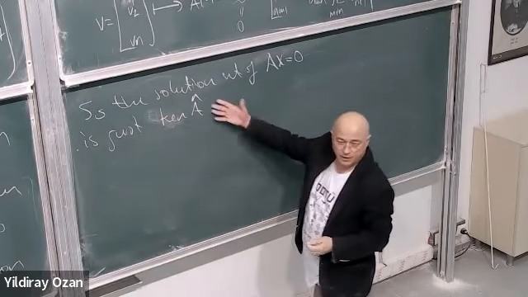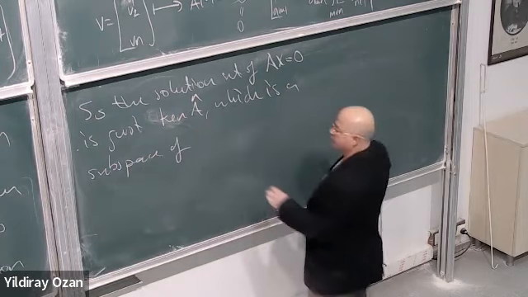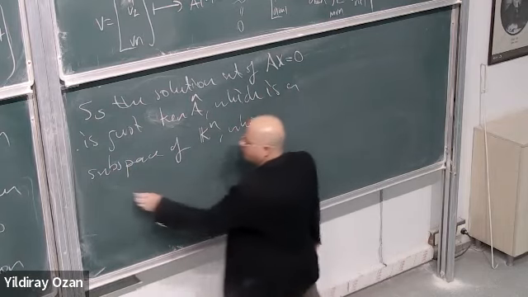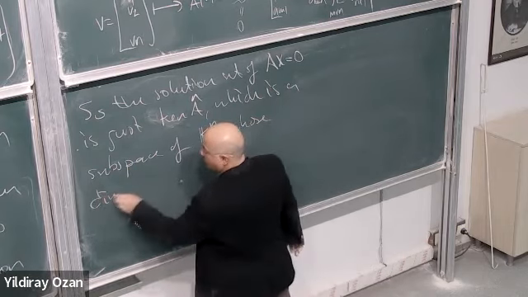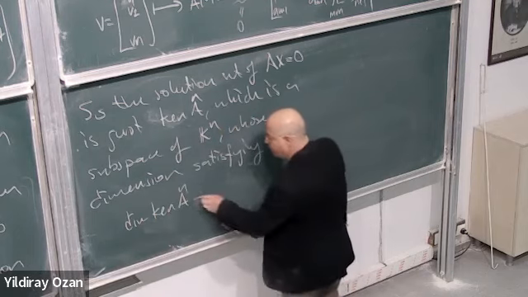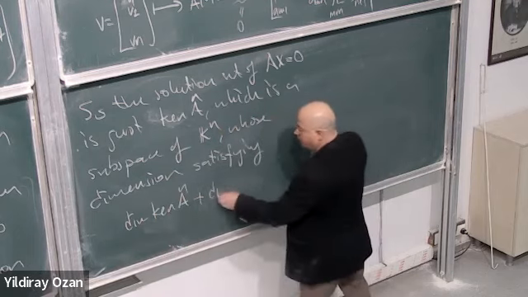This is a subspace of Kn, whose dimension satisfies the rank-nullity theorem. What does it tell us? The dimension of the kernel of A hat, which is the nullity of A, plus the dimension of the image, that's equal to n, the dimension of the domain, which is just n.